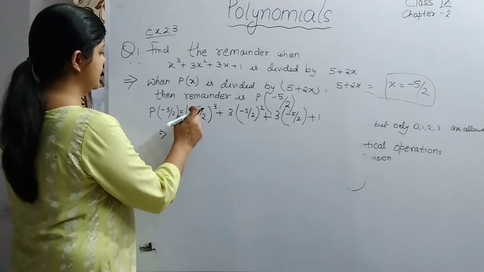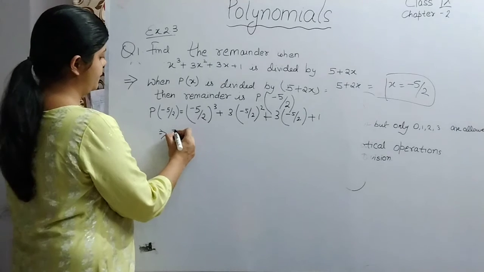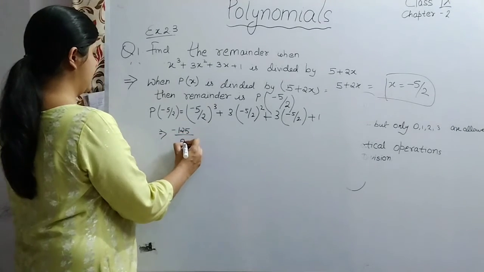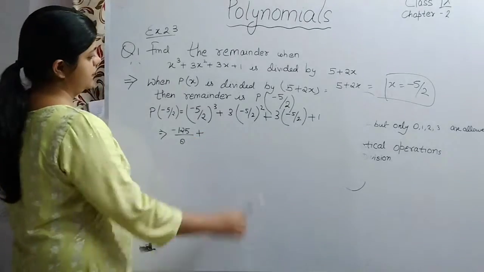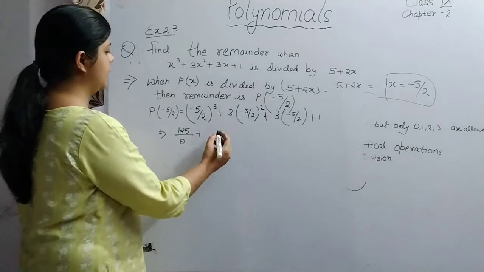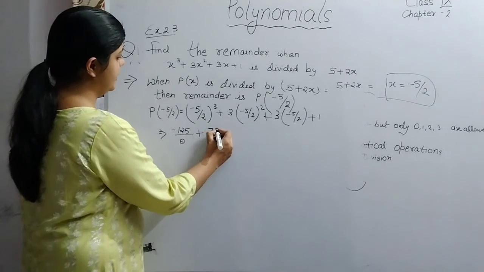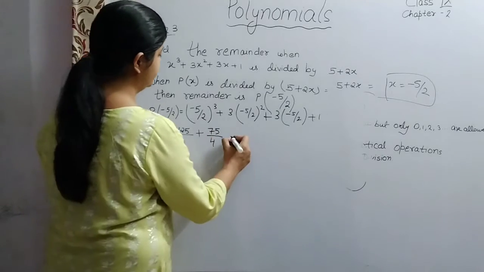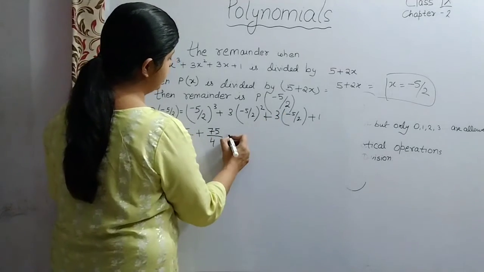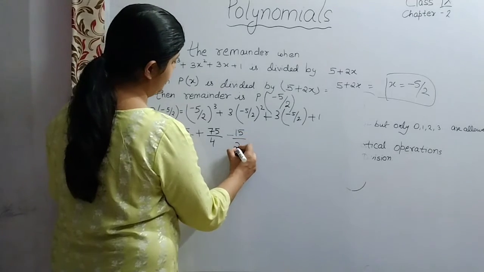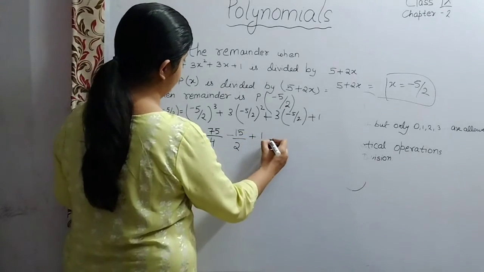The solution is minus 125 upon 8 plus 25 into 3, 75 upon 4, plus minus 5 threes are 15 upon 2, plus 1.